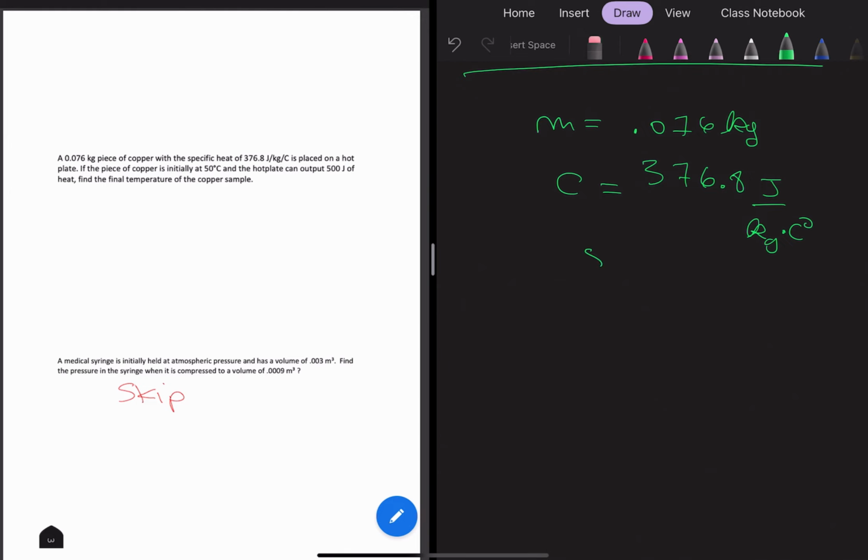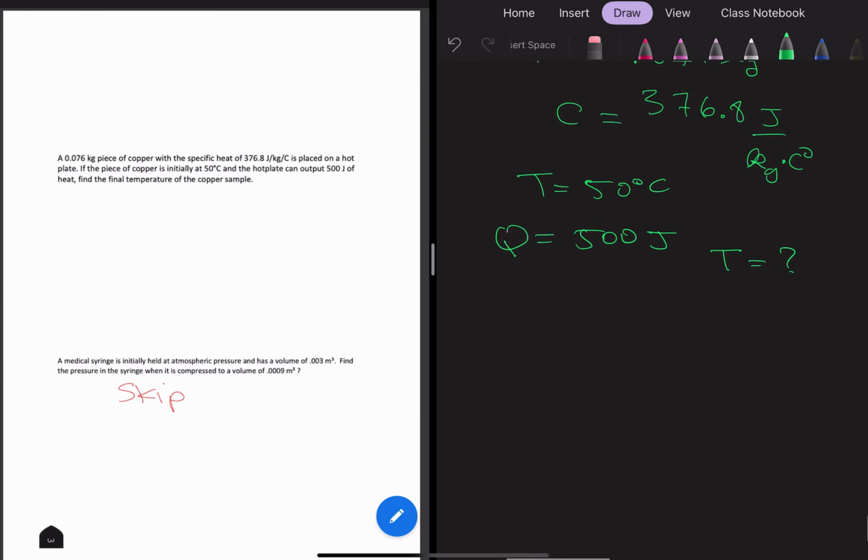And you have 50 degrees Celsius, so that's the temperature, and you have 500 joules, so that's the unit of energy, but here this will be heat, Q. And we're trying to find a final temperature, T.